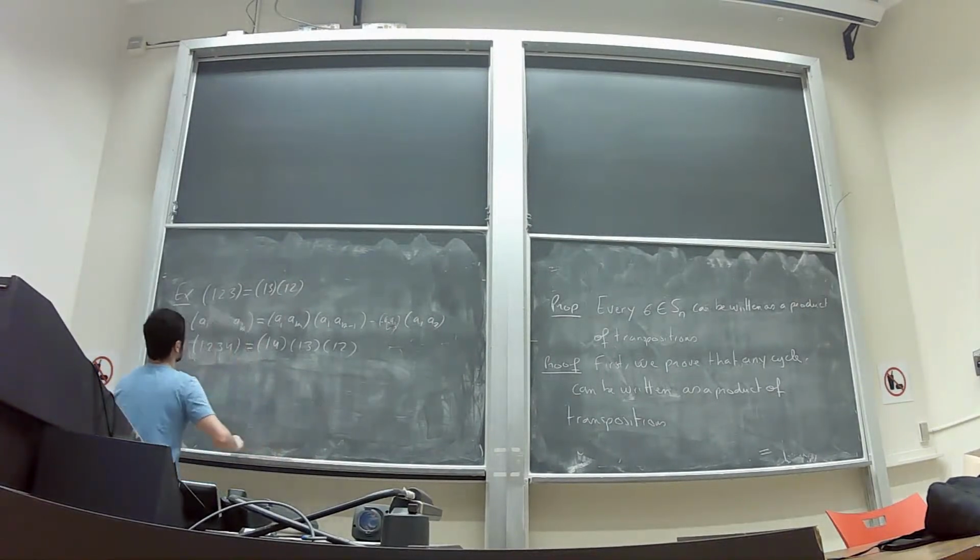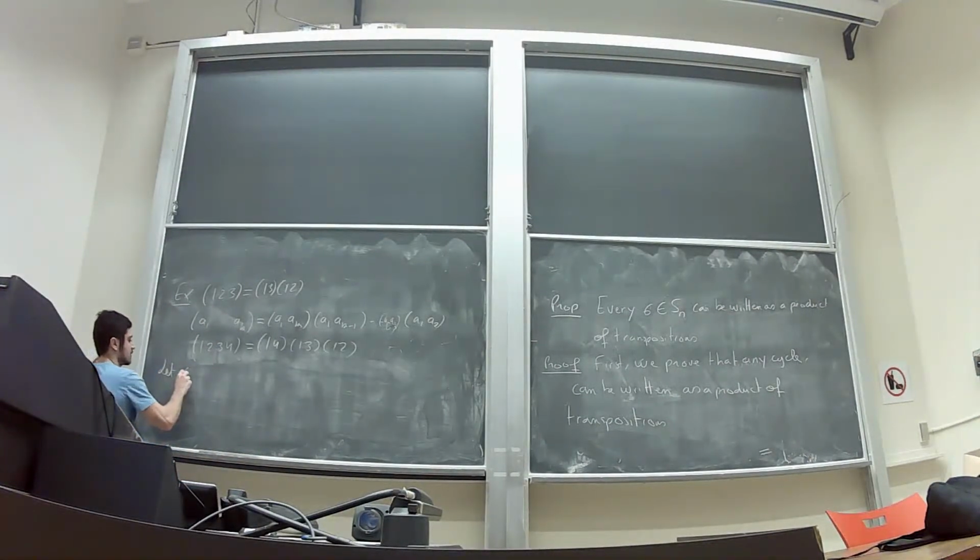Great. So any cycle can be written as a product of transpositions. Now let sigma be an element of Sn.